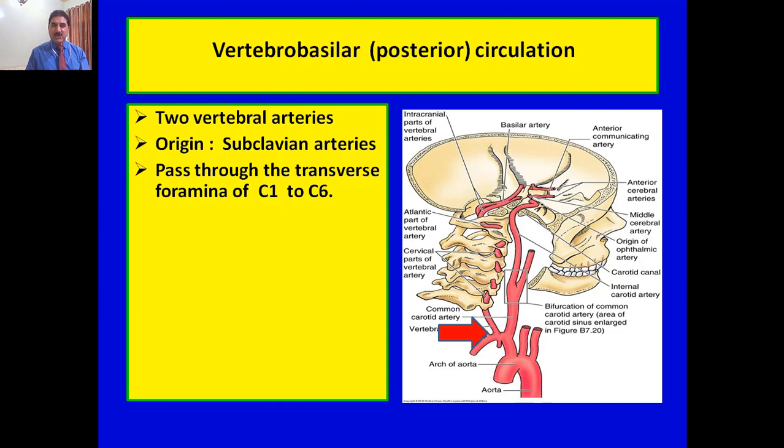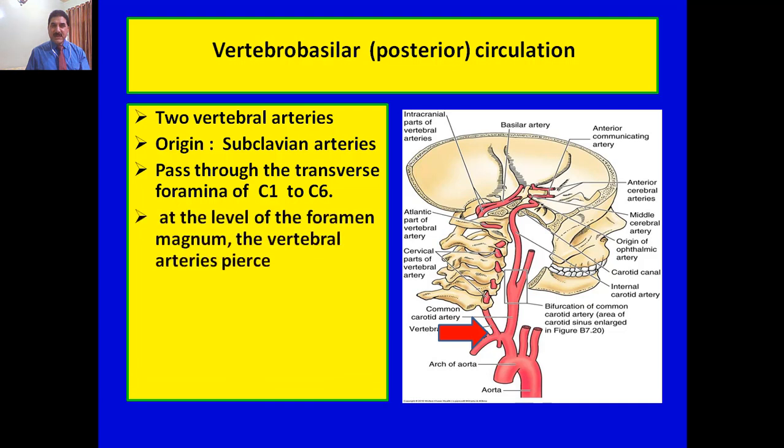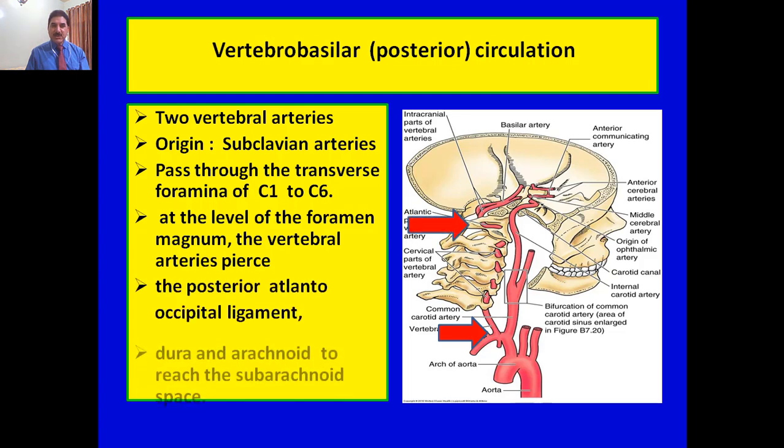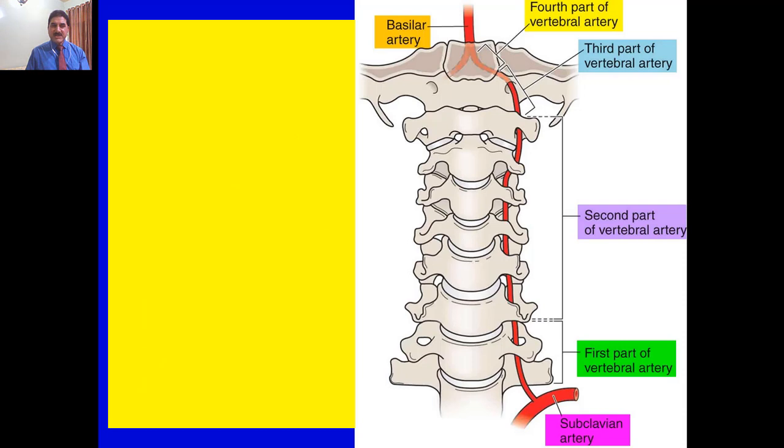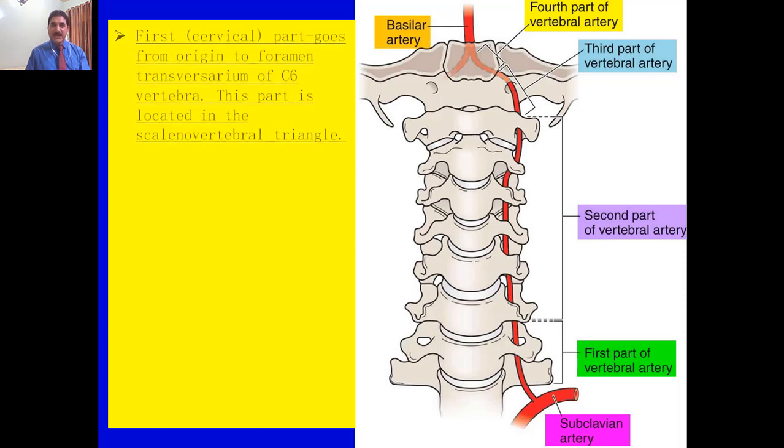These vessels pass through the transverse foramina of the first to sixth cervical vertebrae. At the level of the foramen magnum, the vertebral arteries pierce the posterior atlanto-occipital ligament, dura and arachnoid to reach the subarachnoid space, as shown in this diagram.